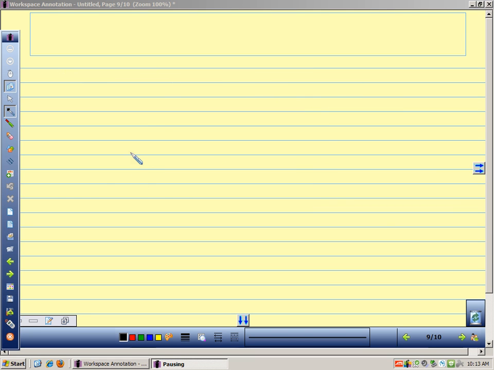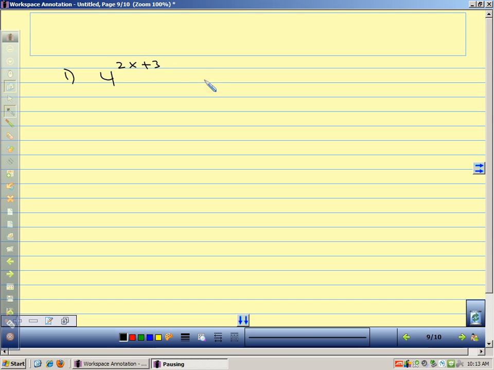On your worksheet, let's look at number 1. This is in the section that says exponential equations not requiring logarithms. Number 1 says 4 to the power of 2x plus 3 equals 1. On these, we need to use what we know about exponents.